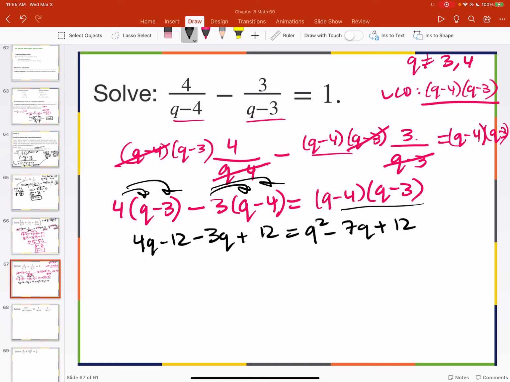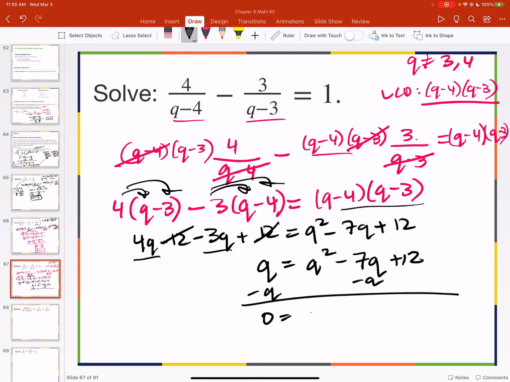Okay, so let's start reducing things. These cancel. 4Q minus 3Q is Q. We get Q squared minus 7Q plus 12. So let me solve it for 0 since it's a quadratic. 0 equals Q squared minus 8Q plus 12.